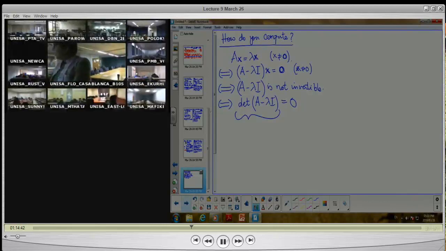So now, it turns out this is a polynomial in lambda with coefficients being functions of the entries.